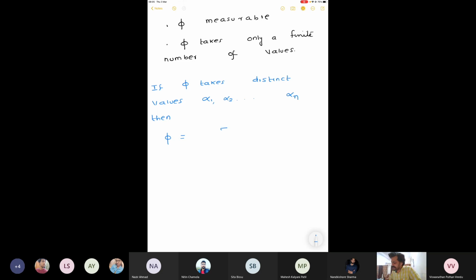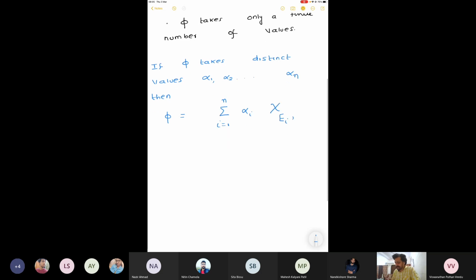That representation is summation i equal to 1 to n alpha i times the characteristic function on Ei, where Ei is the collection of all x such that phi of x is equal to alpha i.